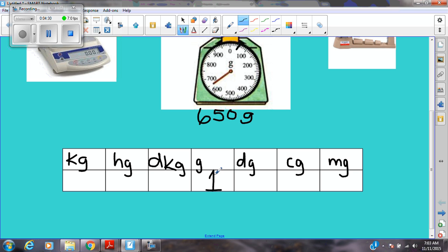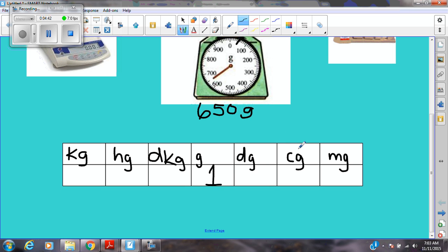So we have 1 paper clip. A decigram would be like taking 1 paper clip and breaking it into 10 equal parts, and one of those parts would be a decigram. Whereas a centigram is if we took a paper clip and divided it into 100 equal parts, one of those parts would be a centigram. And a milligram would be one of 1,000 equal pieces of 1 paper clip, which is really light.